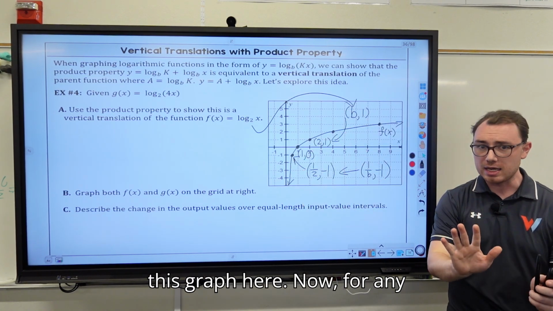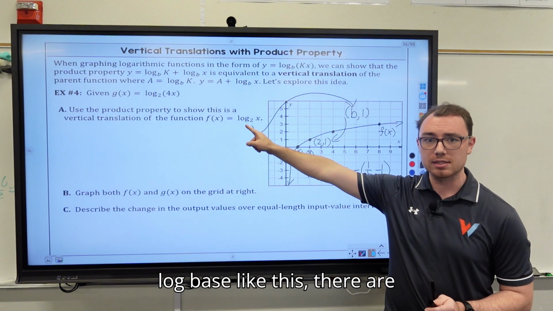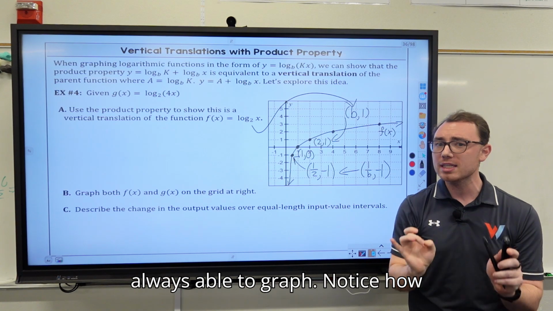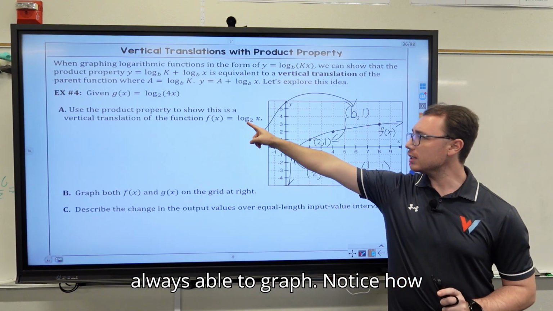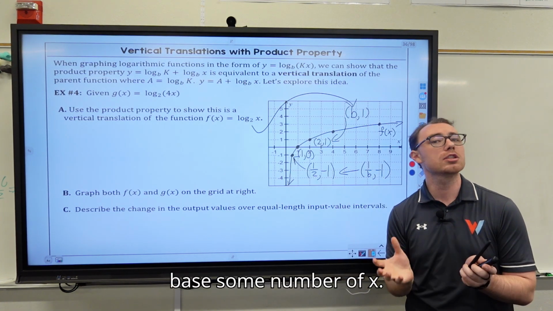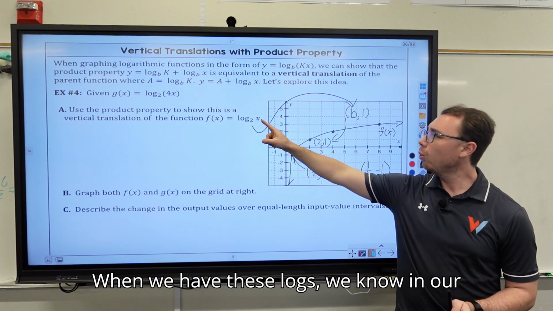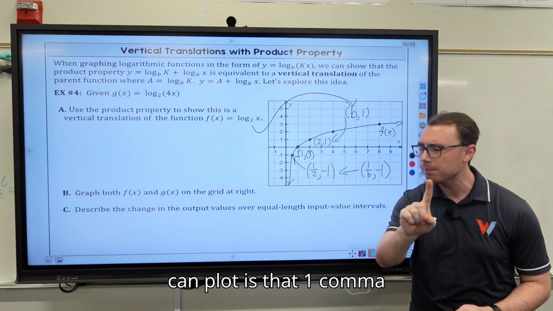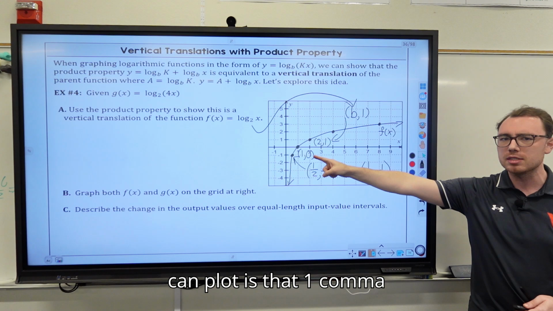Now, for any log base like this, there are 3 distinct points that we are always able to graph. Notice how this log follows that pattern of log base some number of x. When we have these logs, the first point we can plot is 1, 0.